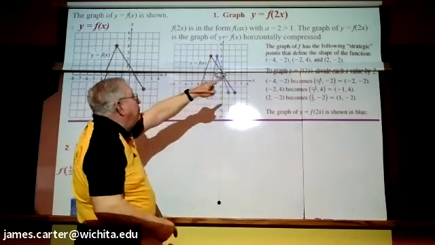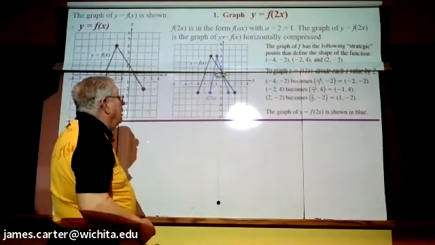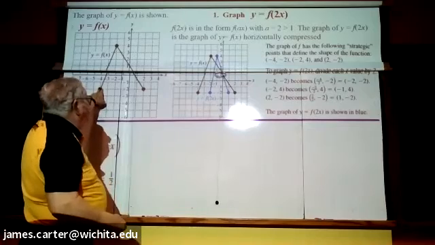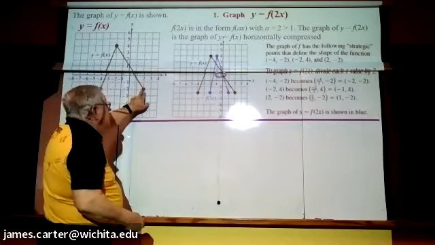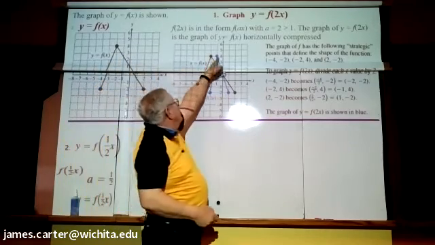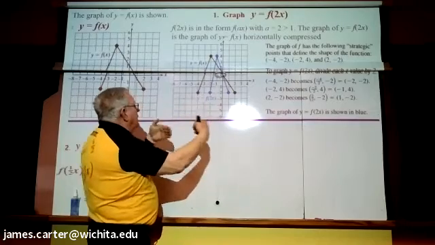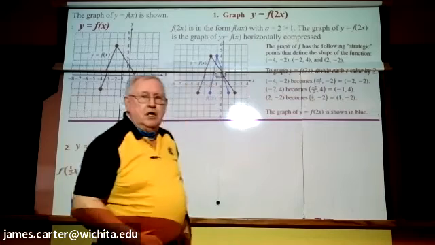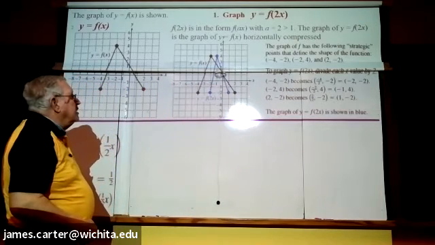In other words, half, or the reciprocal of 2, is 1/2. So you take half of whatever this one is to get that one. Half of whatever this one is to get that one. Half of whatever this one is to get this one. So this thing has shrunk horizontally. And this is just the language going over the explanation of that. I'll let you look at that for a second.